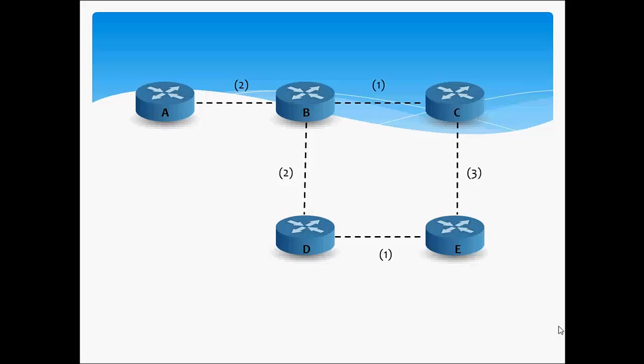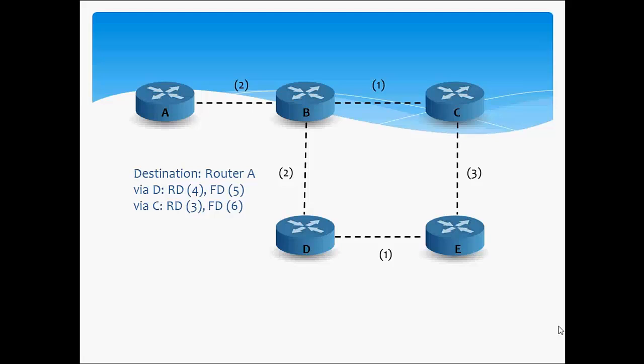In the next step, the distance from router E to the neighbor is added to the reported distance to get the feasible distance (FD). The following are the results. For destination router A via D, the feasible distance is 5, and for router A via C, the feasible distance is 6.